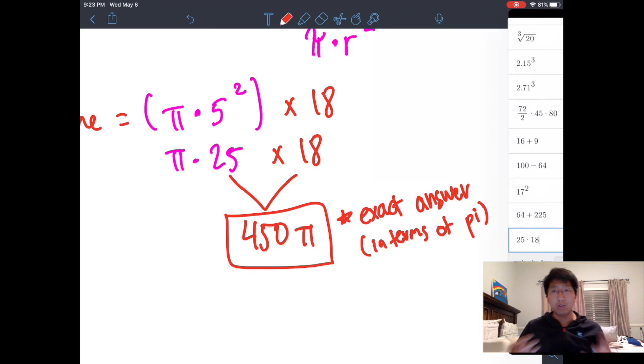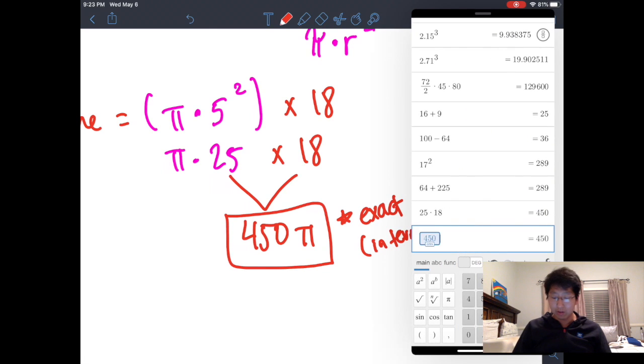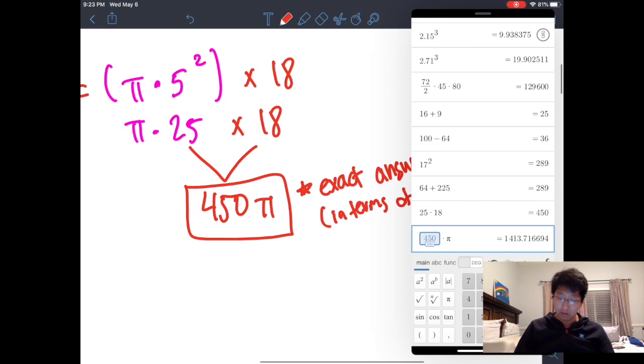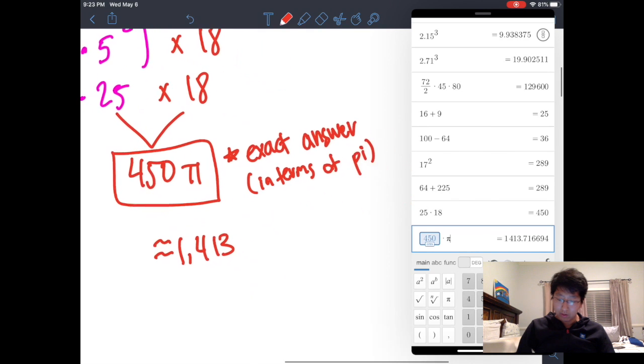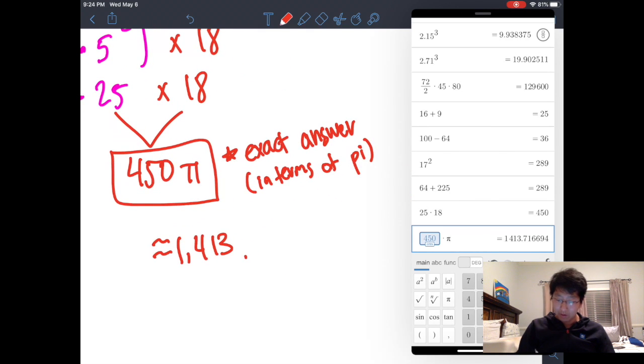But if we want to go ahead and plug this into a calculator, we could say, all right, 450 times pi. And we're going to get 1,413. So if I plug this into the calculator, this is about 1,413, right? Oh, 0.71.